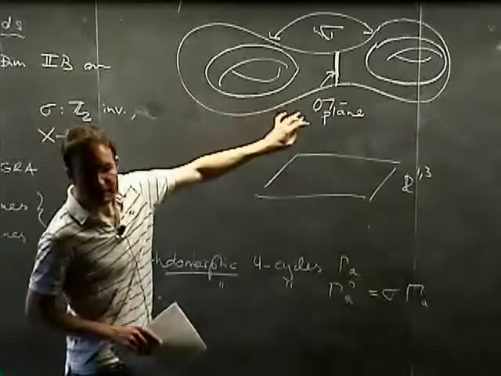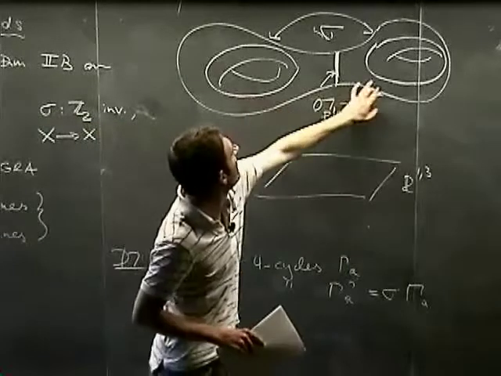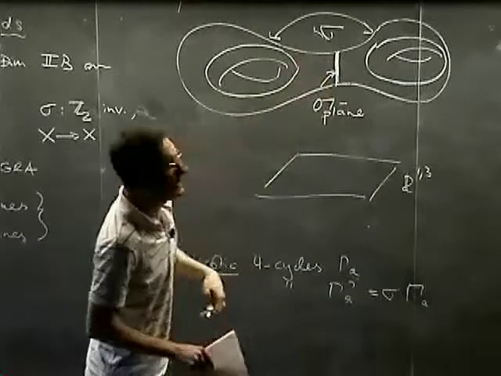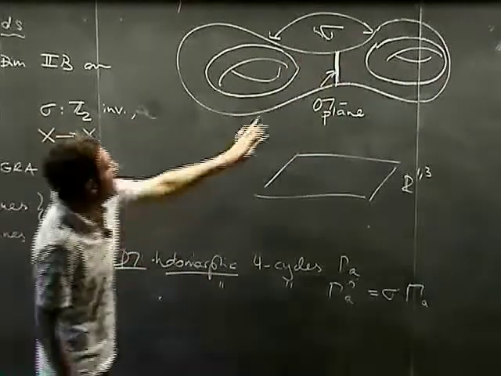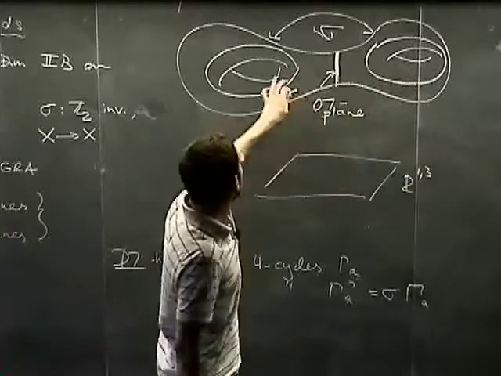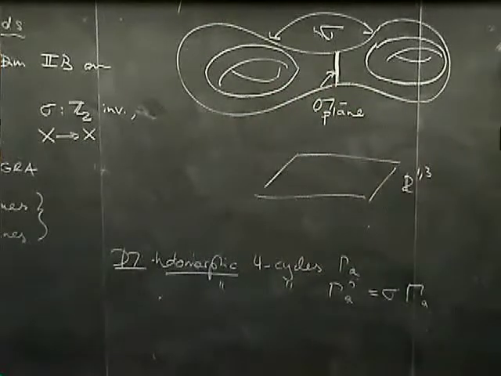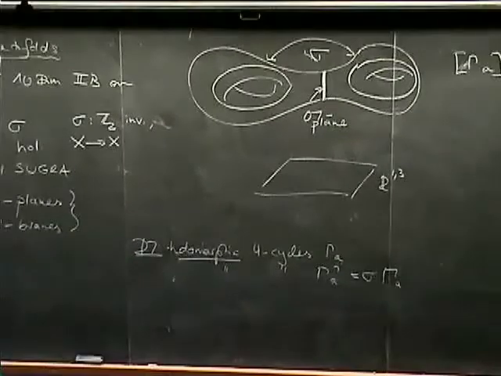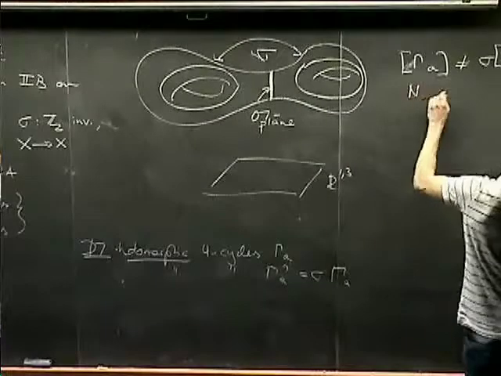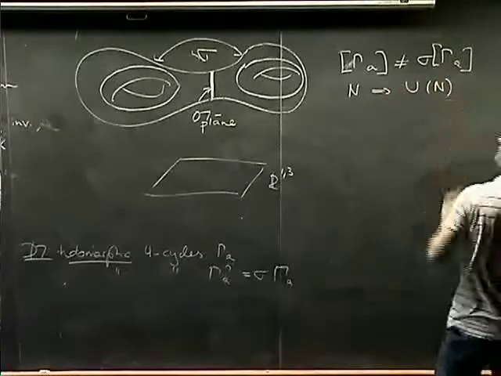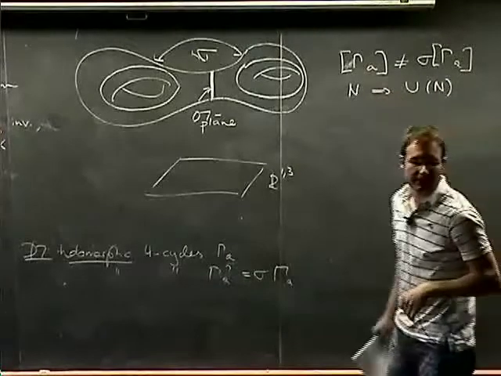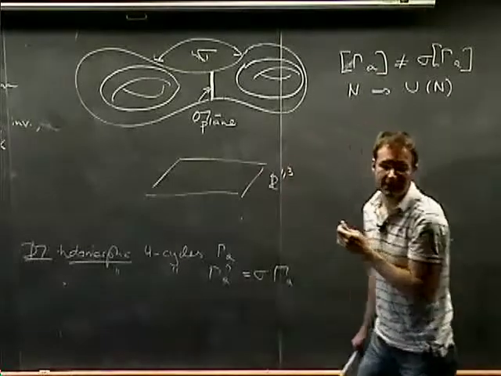If the D-branes are away from the orientifold, the way I drew it here, or more generally, if they are not invariant under sigma by themselves, then a stack of N D-branes carries gauge group U(N). So if gamma_A is not equal to sigma of gamma_A, so if the cycle is not invariant, then N D-branes lead to gauge group U(N). And if the cycle is invariant, the spectrum is subject to the orientifold action, so we get SO or SP gauge groups.